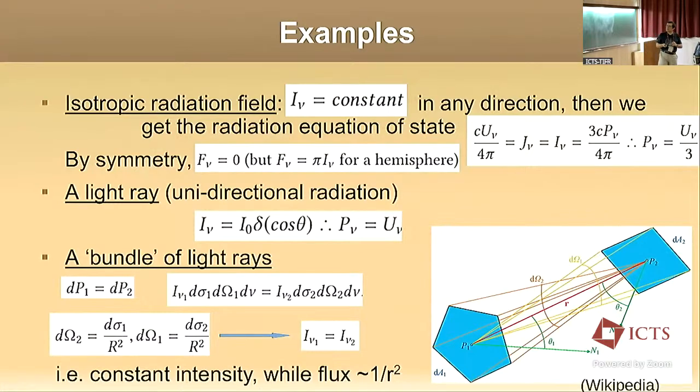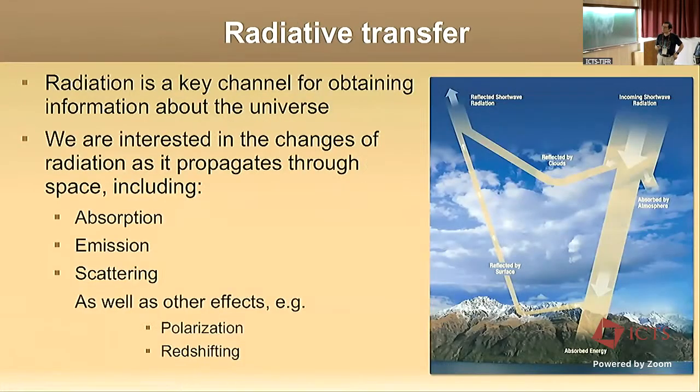All right, so coming now to the main topic, which is the radiative transfer. So what is radiative transfer? Basically, radiation, first of all, is the main channel through which we obtain information about the universe. If you try to observe the universe, almost all the information comes through radiation.